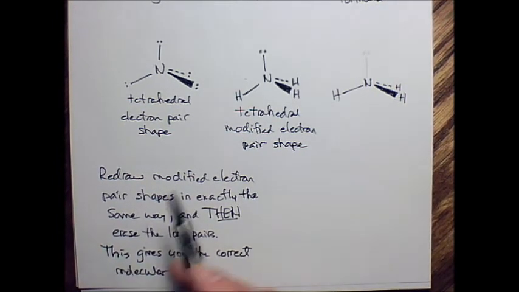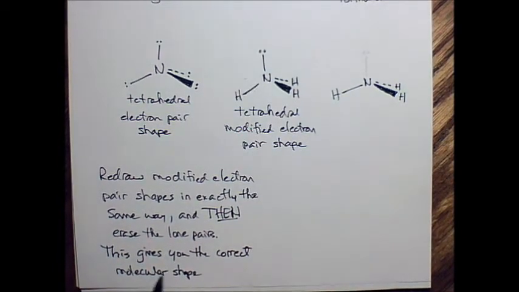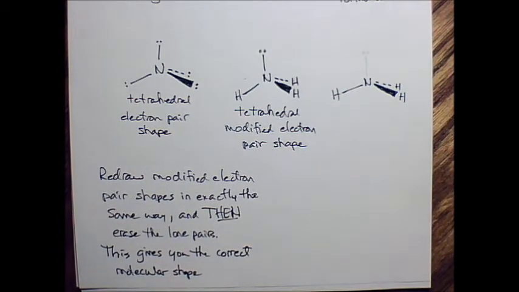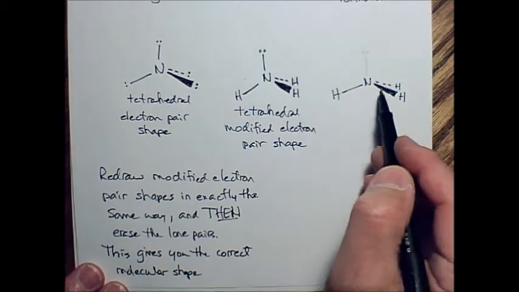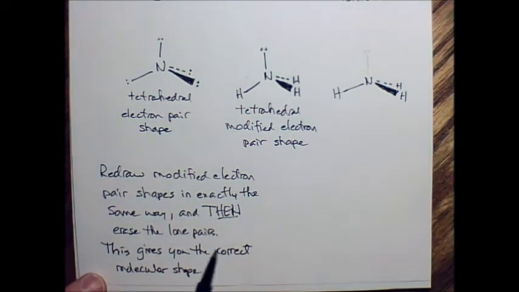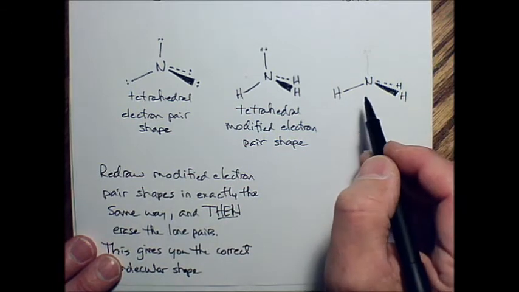Now to be a tetrahedral, I have to have 4 arms equally spaced three-dimensionally around the central atom. This no longer has 4 arms equally spaced around the central atom. It has 3 arms, and they're not equally spaced. Equally spaced would be 120 degrees on a plane, but this is not 120 degrees on a plane. This has been bent down a little bit into that tripod sort of shape. Remember our tripod shape with the balloons? So now we have to call this something different.